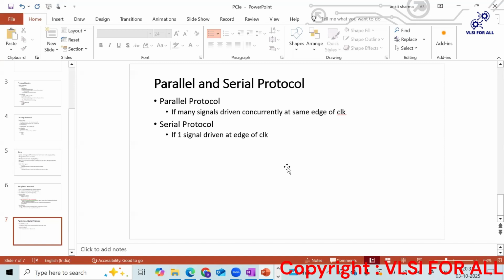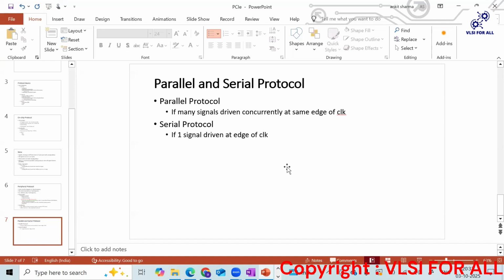Multiple serial communication means, no, the opposite: at every pulse of clock, you are transferring only one bit. You have to say like that. For a single edge, you are transferring only one bit.